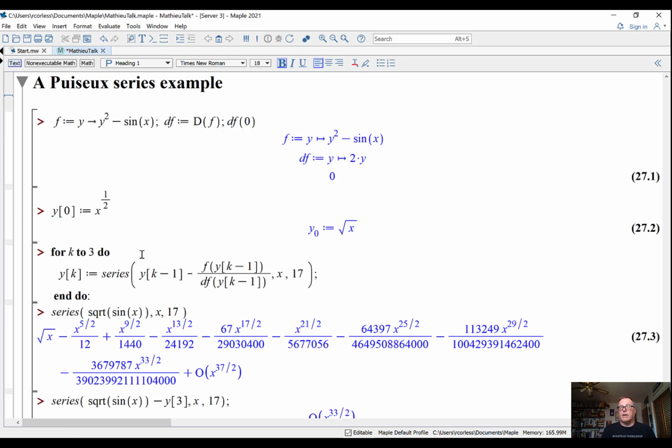We can't divide by 0, so that's a bad thing. So we actually need 2 terms correct in the initial series: 0 plus square root of x. That's the first 2 terms in the Puiseux series expansion for square root of sine of x. That makes sense because sine of x is approximately x when x is small, so square root of sine x is approximately square root of x. Great.